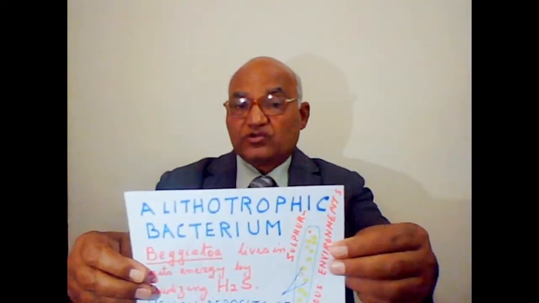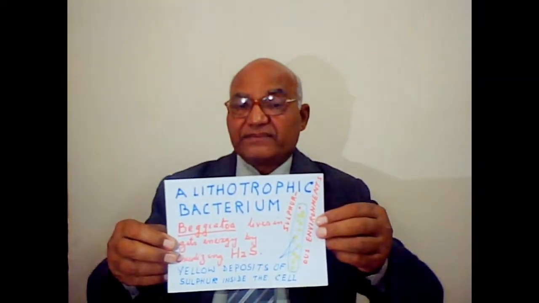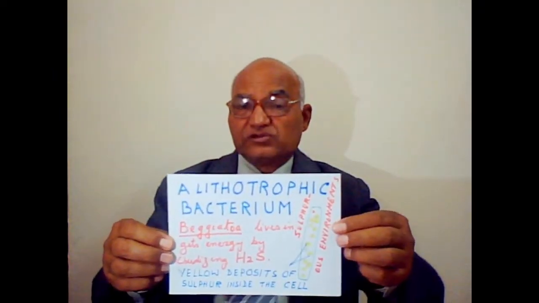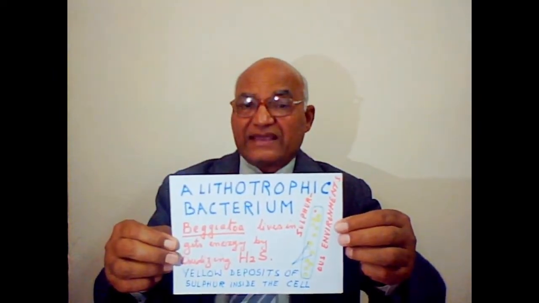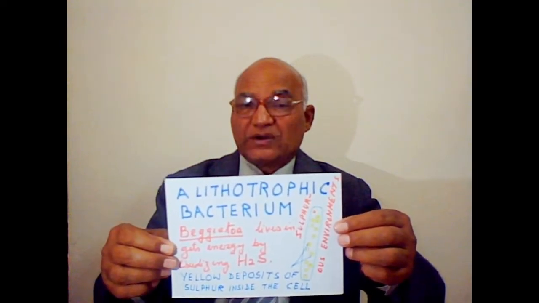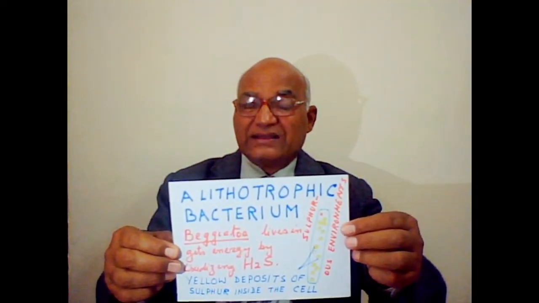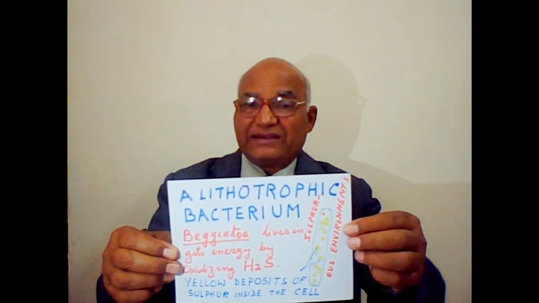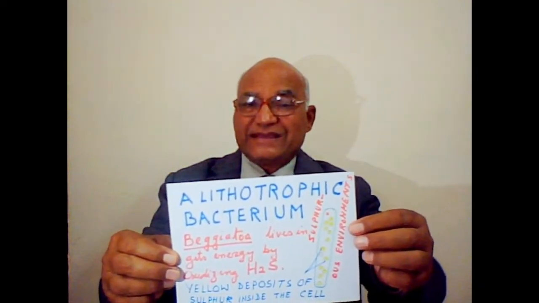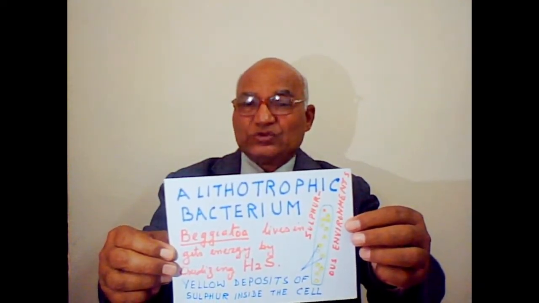In such cells, yellow deposits of sulfur inside the cell can be seen. So you see here in this diagram yellow colored granules of sulfur that have accumulated in the Beggiatoa because it lives in the sulfurous environment and obtains its energy from hydrogen sulfide.